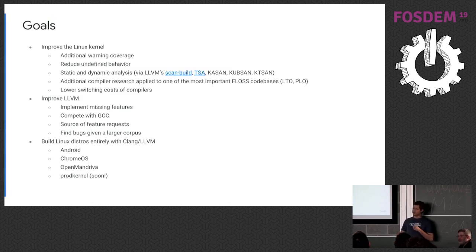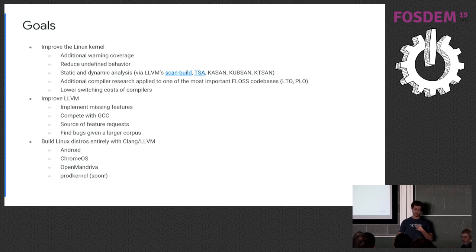So some of the goals of this project: whenever you have a newish compiler that you're pointing at a code base that hasn't used that compiler before, both the compiler and the code base stand to benefit. On the source side, the Linux kernel benefits by getting additional warning coverage.